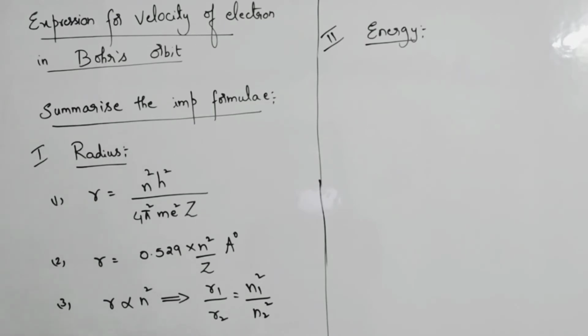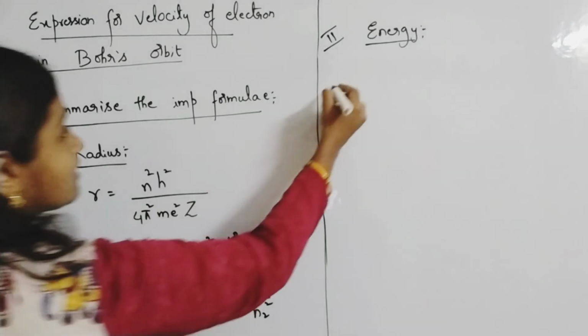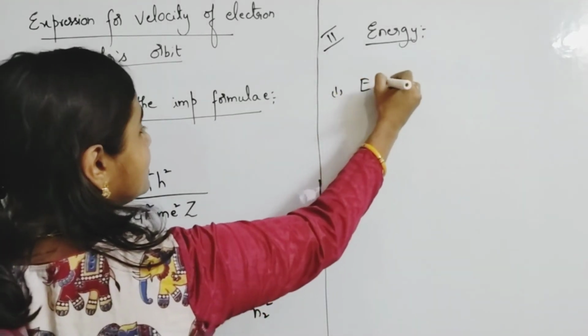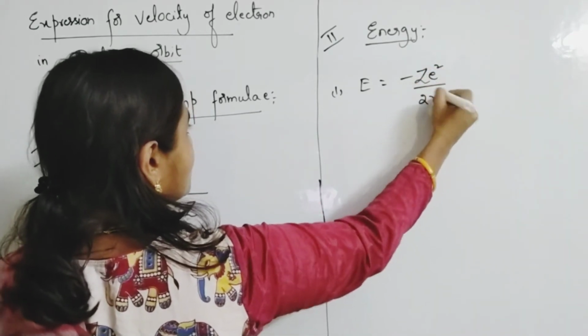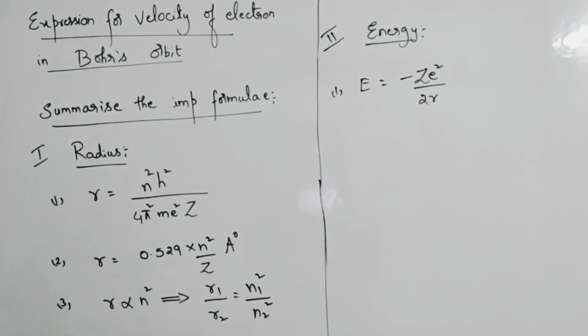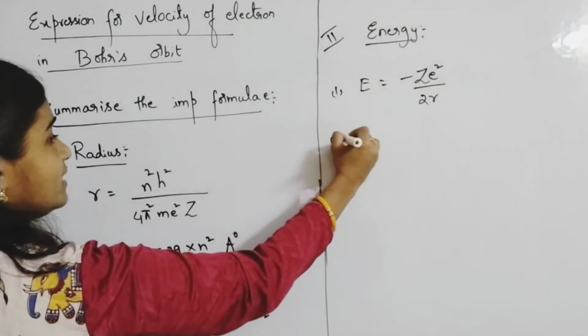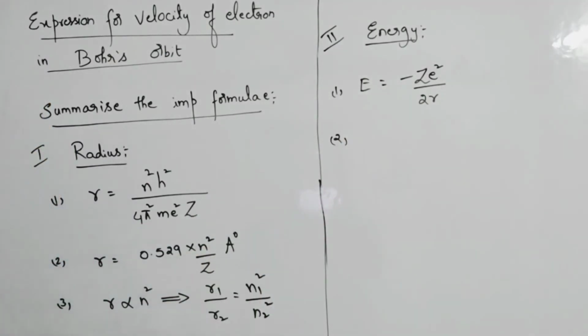E is equal to minus Z e square by 2r. That is the first formula we have learned.